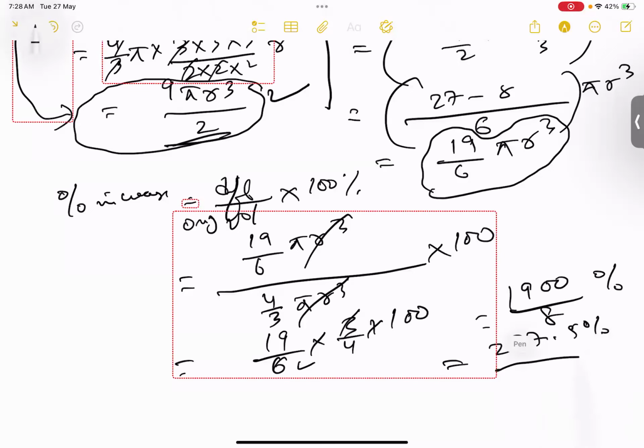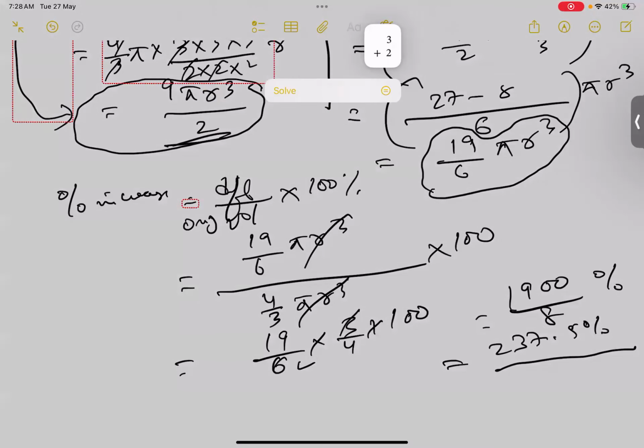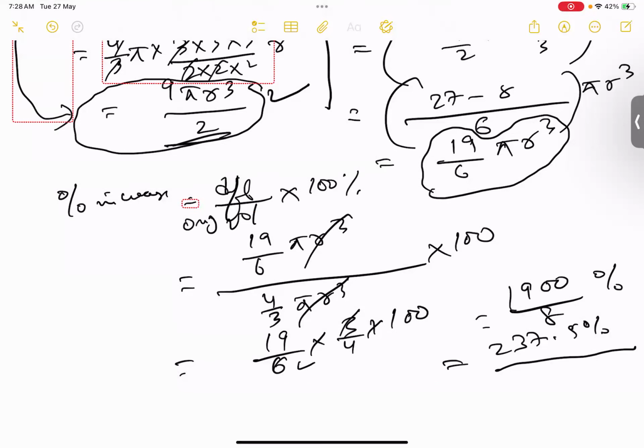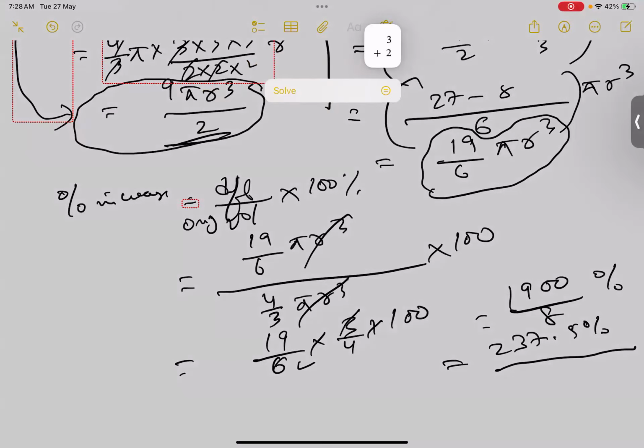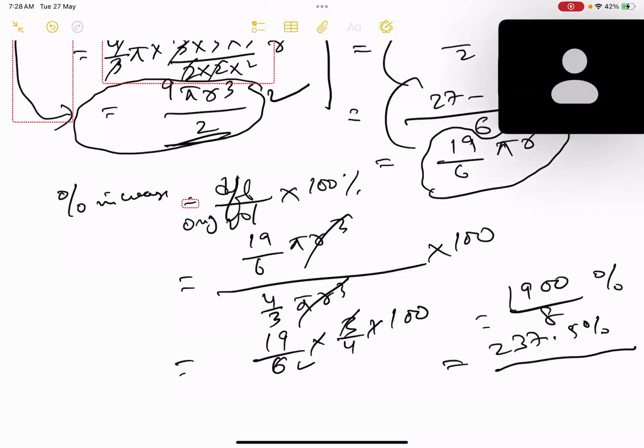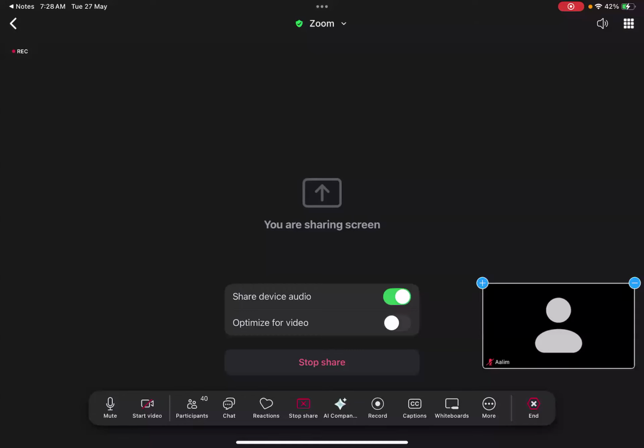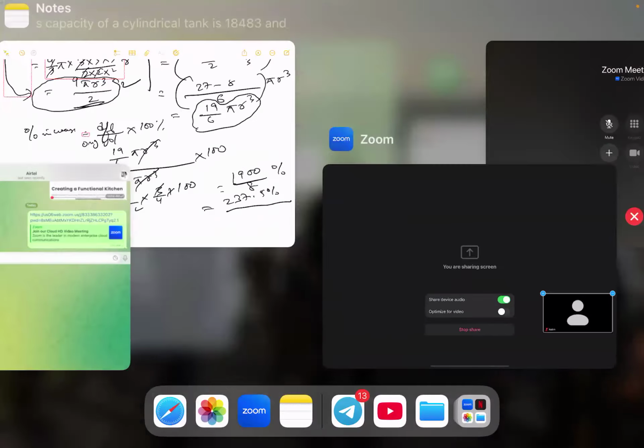Okay. You got this one? Understood? Should I explain once more, or should I just go for the surface area?